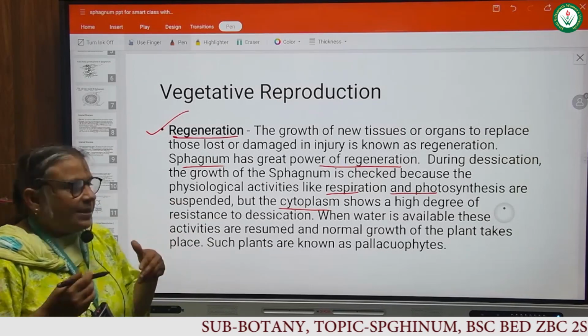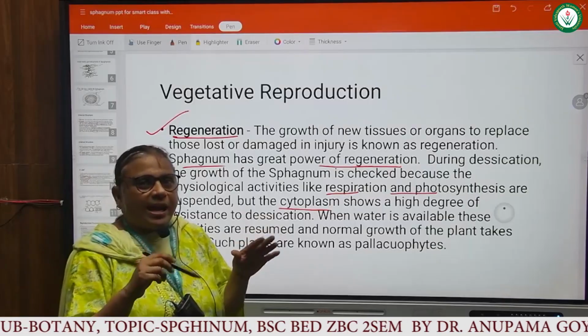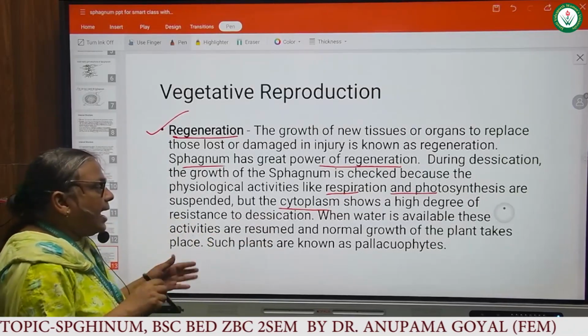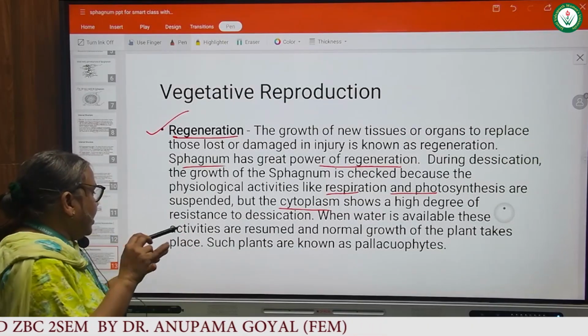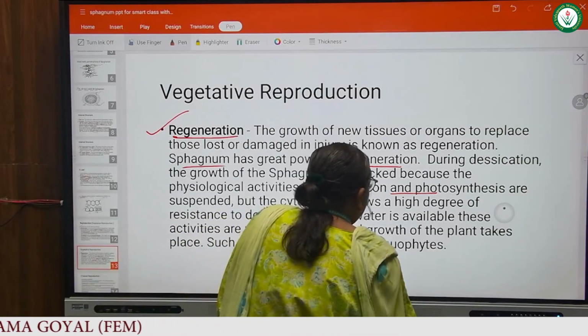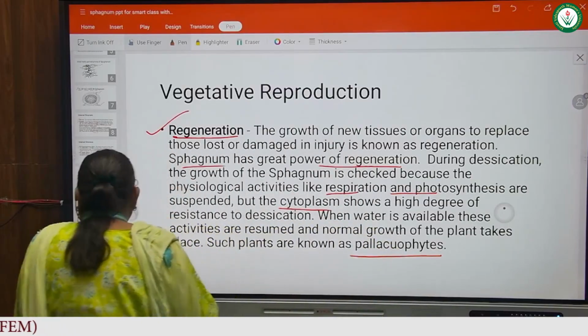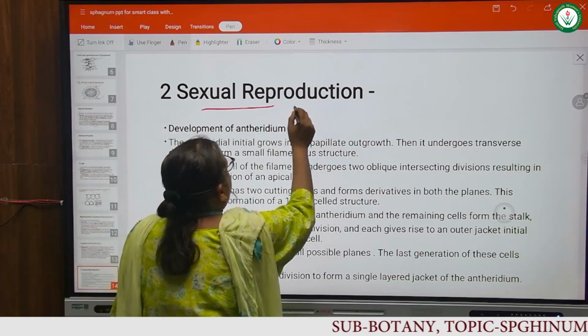When water is available, these activities are resumed and normal growth of the plant takes place. Such plants are known as poikilohydric plants. Now, how does sexual reproduction take place in Sphagnum?